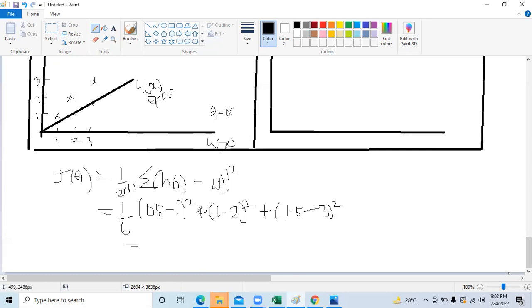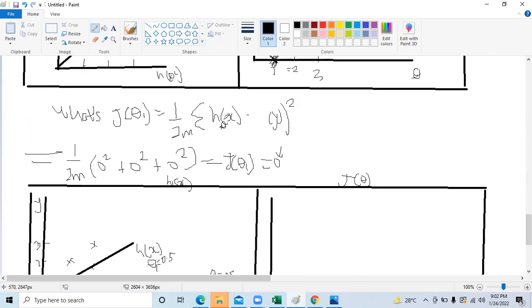This will give us, altogether, 3.5 over 6, right? And this will give us 0.58. So our J theta here, our cost function here, is 0.58, right?